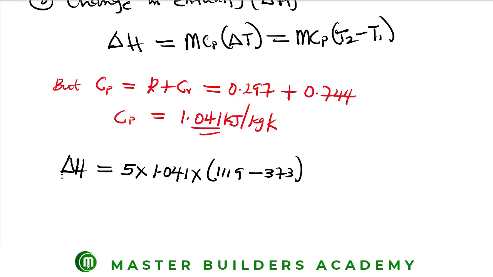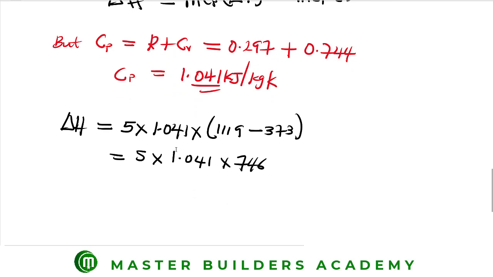We have obtained this before, so this will give us 5 multiplied by 1.041 multiplied by 746. Now by the time we multiply out these results, our outcome becomes 3883 kilojoule. This is the change in enthalpy. I hope you understand this.